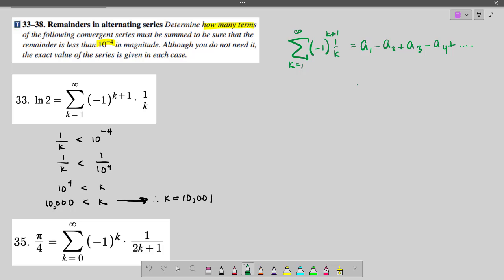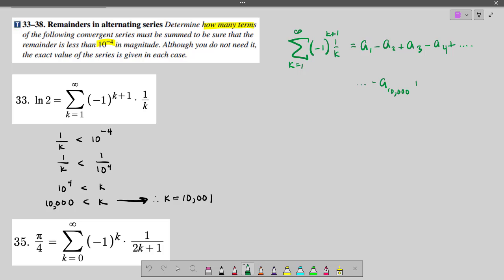So we've got our dots here. Let's just put a few terms around this. We're going to have an a sub 10,000. Would the a sub 10,000 have a plus in front of it or a minus in front of it? Minus. A minus. All the even indices correspond with a minus.